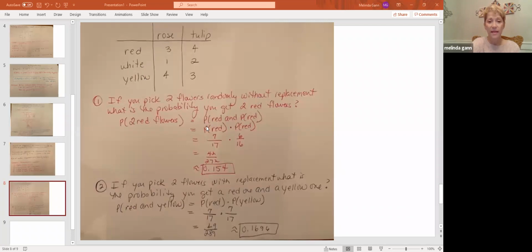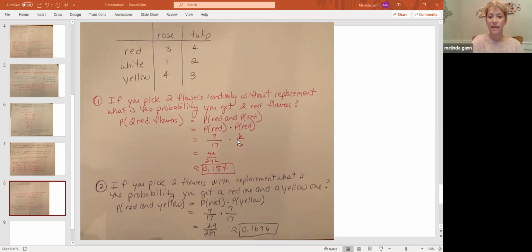So remember, without replacement means I'm not putting them back. When I go in to get the first flower, what's the chance it's red? Well, remember when we added before, we had 17. Of these 17 flowers, how many are red? 7. So in my hand, I assume I've got 1 red flower. Now, what am I doing with that 1 red flower without replacement? It's gone. So when I go back in for my second pick, how many flowers are there?